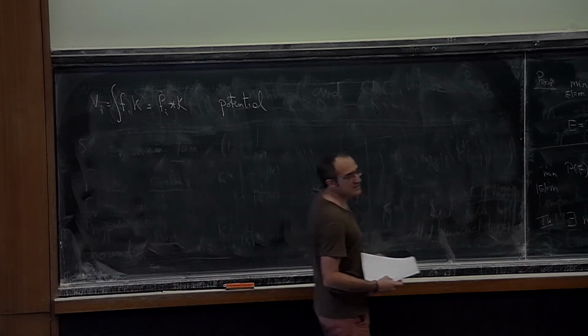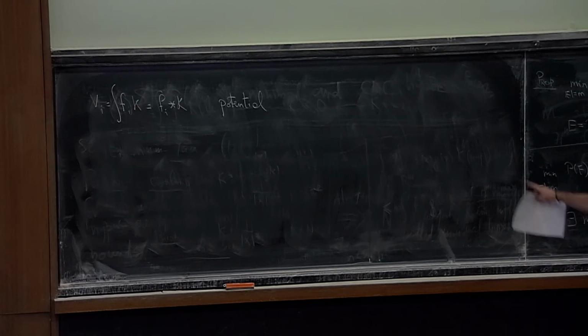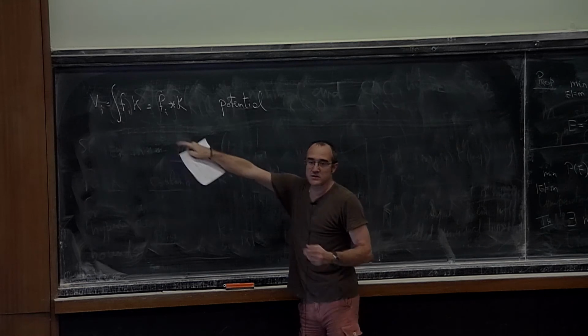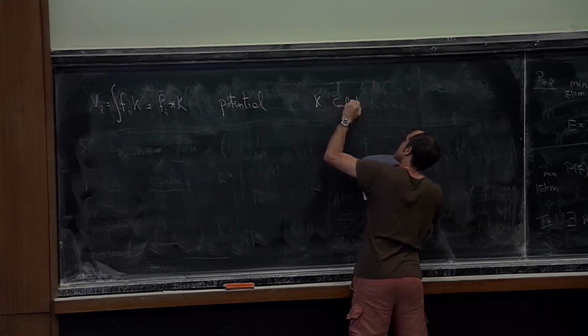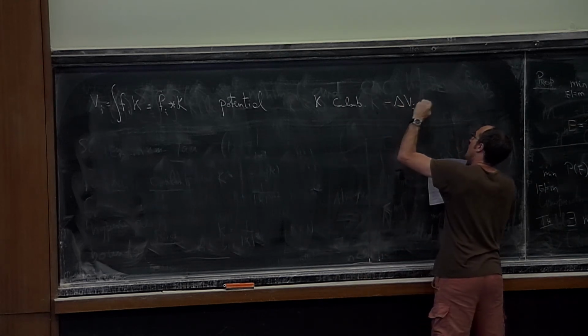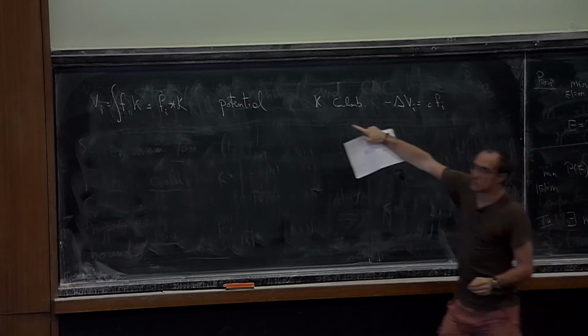And in particular, in the Coulomb case, since K is exactly the fundamental solution of the Laplace equation, minus the Laplacian of V_i, up to a constant, is just phi_i. That's why the Coulomb case is easier, of course. So it will be easier to work with that.